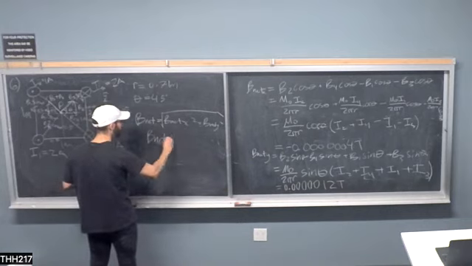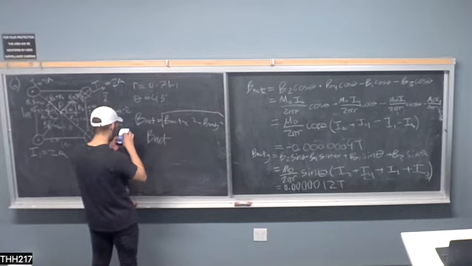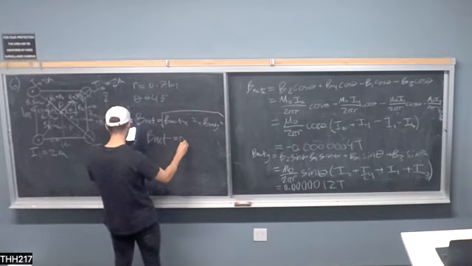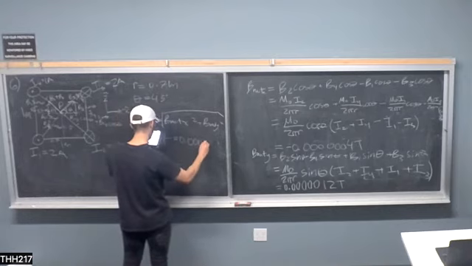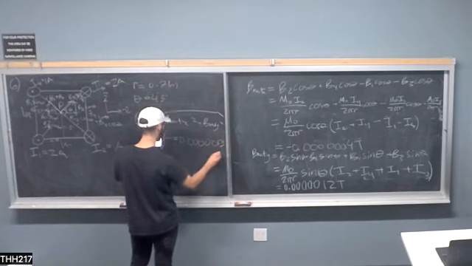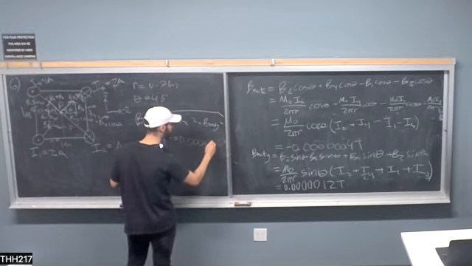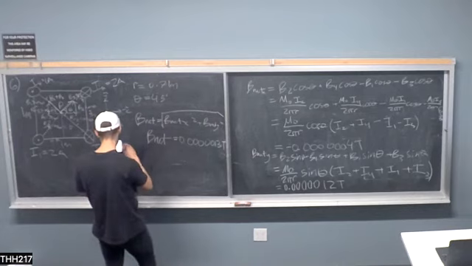B net is equal to 0.00001 3 T. So 0.13 T. And then you have to solve for the angle of that.